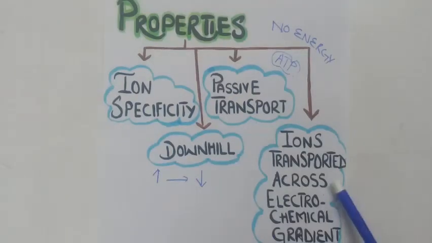And ions are transported across the electrochemical gradient or due to the potential difference across the cell membrane. This concept of the electrochemical gradient or potential difference is explained in the video of simple and facilitated diffusion, so if you guys want, you can check that video.